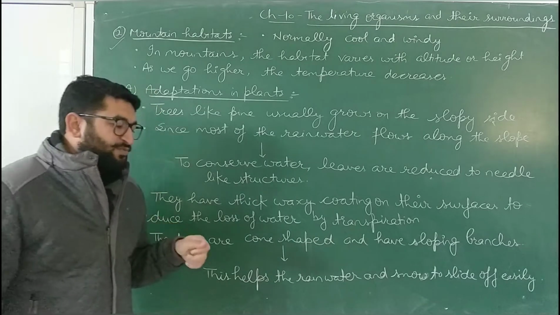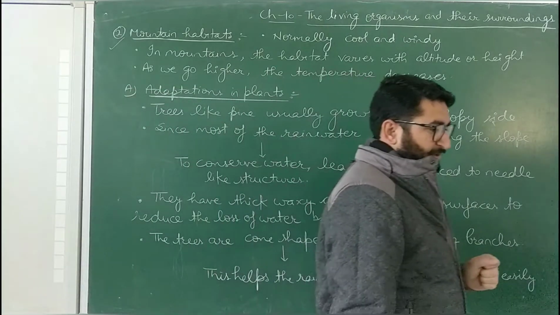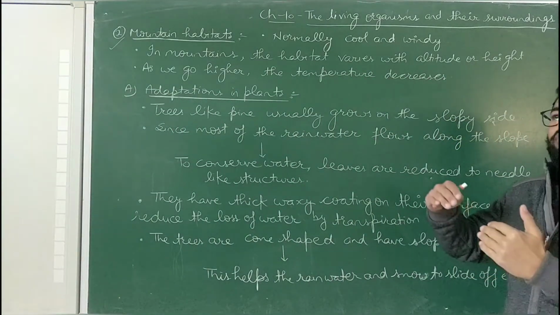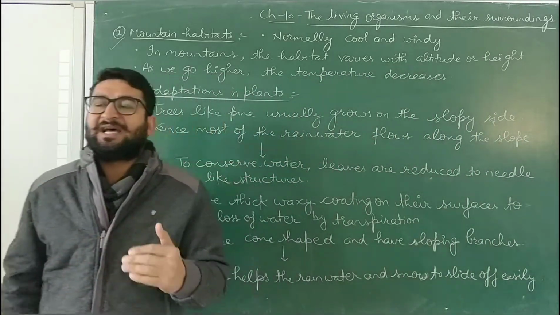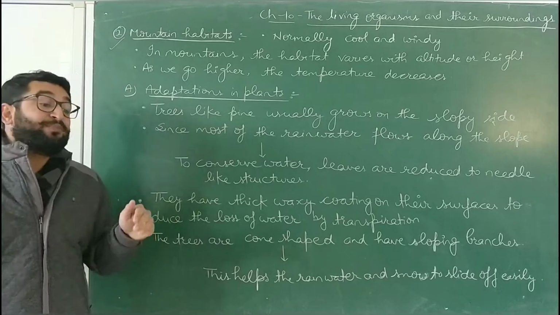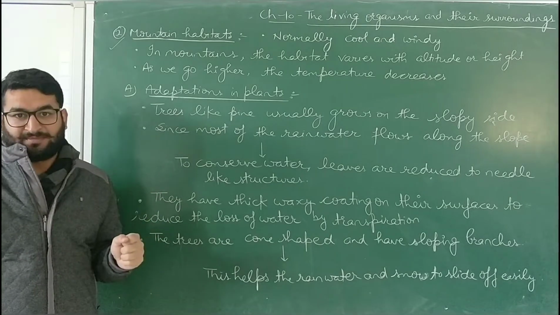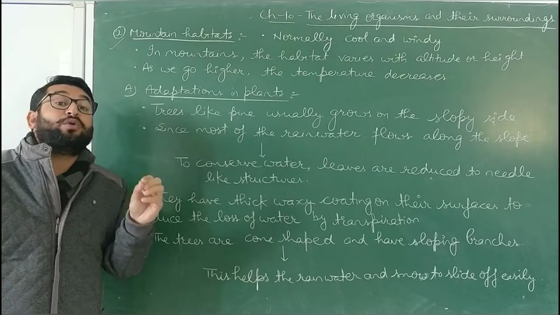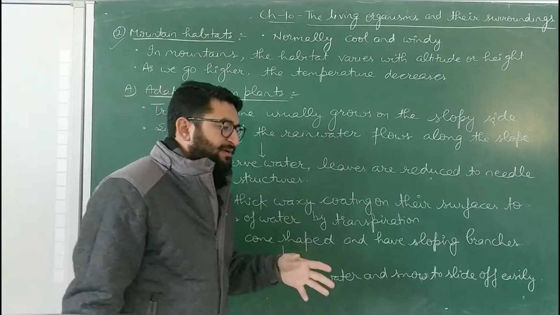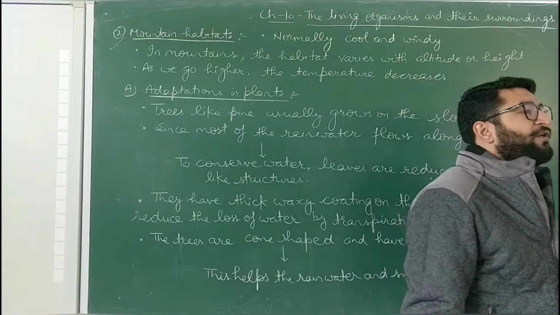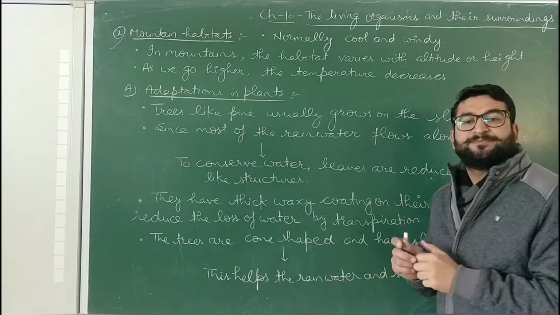Mountain habitat varies with altitude as well. Why? Because as we move to greater altitudes, as the height keeps on increasing, the temperature keeps on decreasing, and snowfall also comes into play. In the months of January and December, there is a lot of snowfall in these mountain regions.